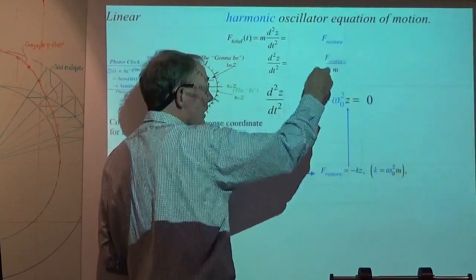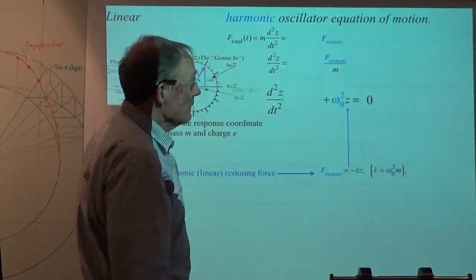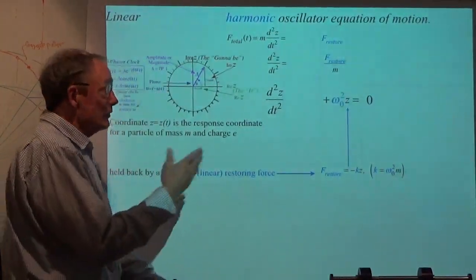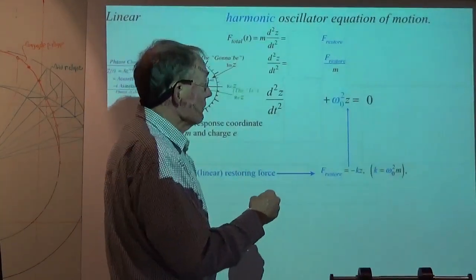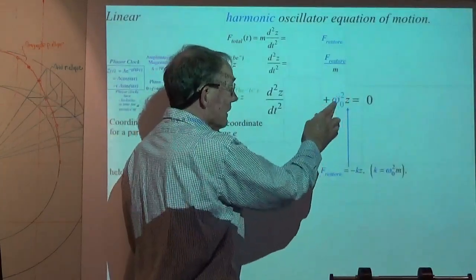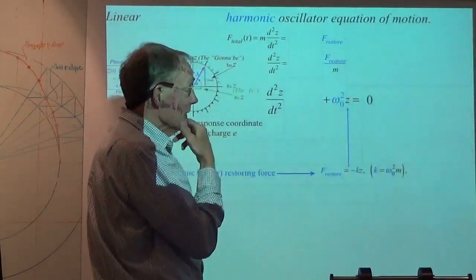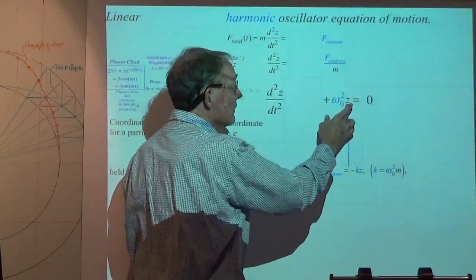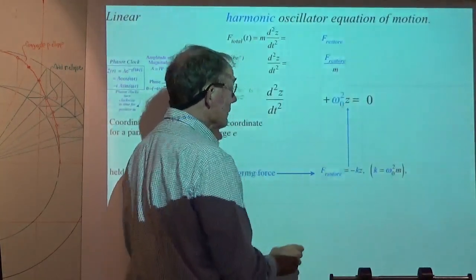So this is in units of meters per second squared in acceleration. In this case, it's going to be a constant, which will have some meaning later on. It's the oscillator frequency squared times the amplitude.